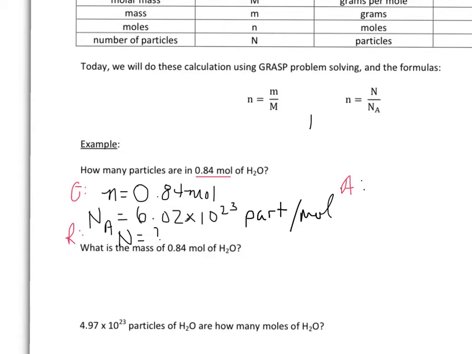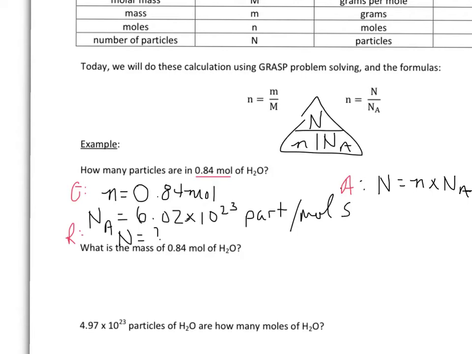If you have the triangle N, n, and NA, when I cover up capital N, I know that it's lowercase n times Avogadro's number, or moles times Avogadro's number. So I would write in that capital N equals small n times Avogadro's number. And then to solve, I would say equals 0.84. I'm just running out of room here, I'll see if I can get myself a bit more room.